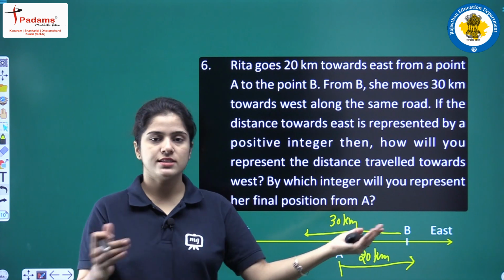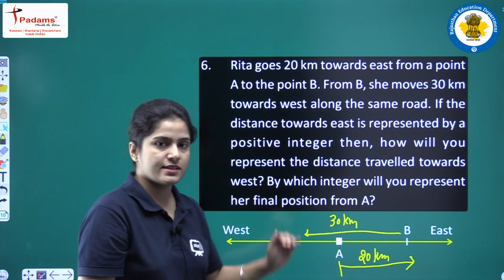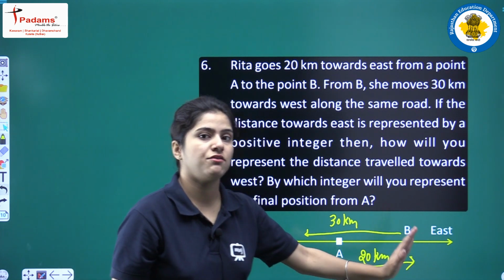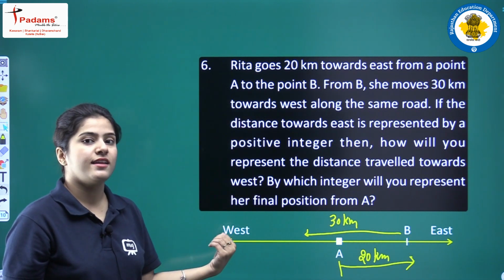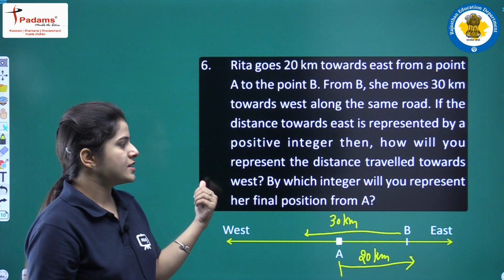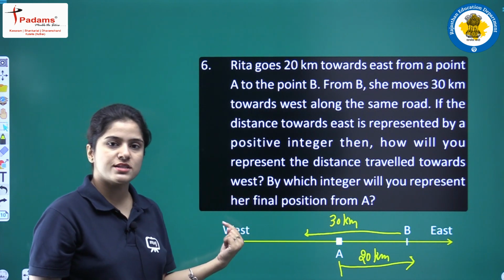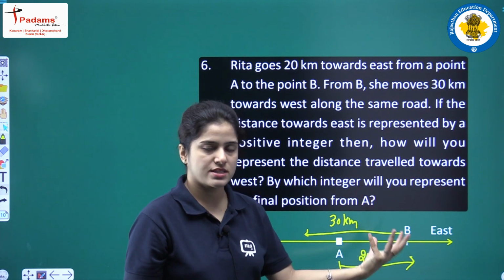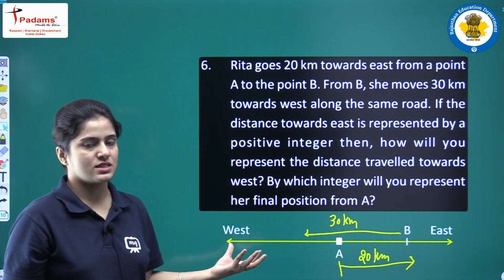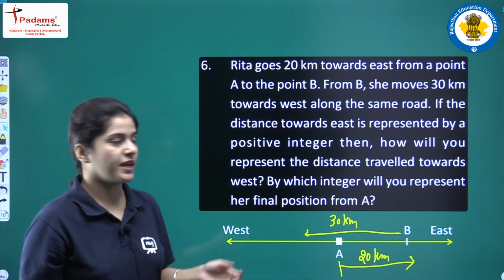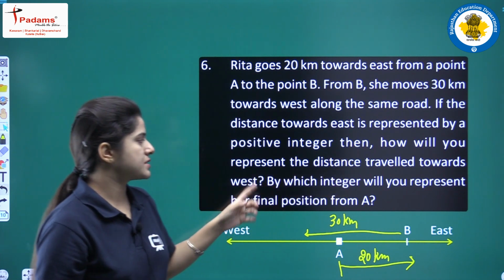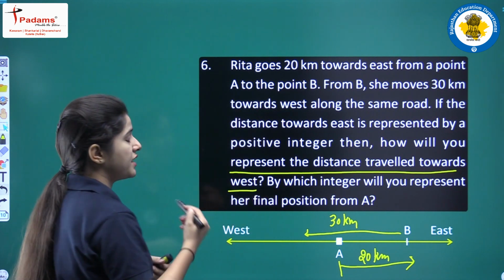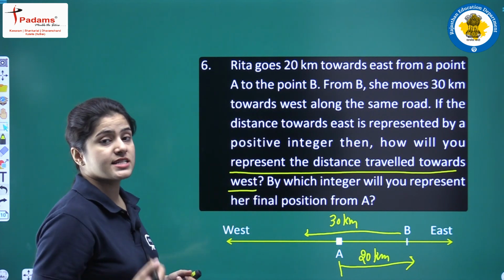Because if we consider a number line, the right side is positive, so we have to take the left side as negative. These two directions are opposite to each other. So if I take east as positive, then I have to take the west distance as negative. We have to take it as a negative integer.